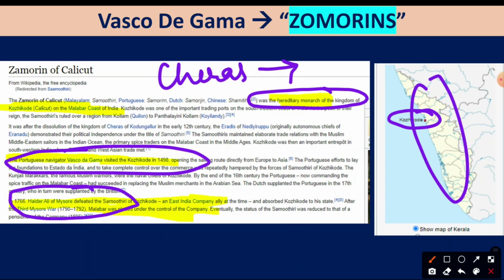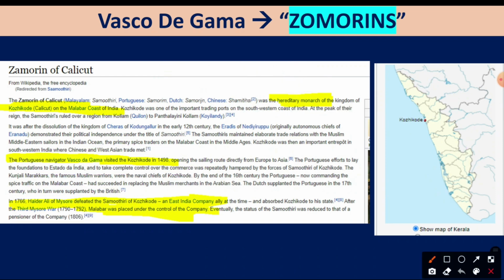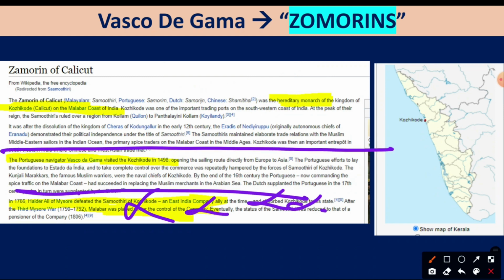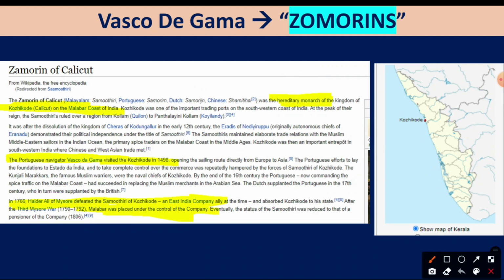Later on, Hyder Ali got Kozhikode, and finally the British, when they beat Mysore, took the Zamorins back from Kozhikode, from Mysore, and then these monarchs became pensioners of the company. That's it. If you don't get the last part, if you have not read about Hyder Ali and all, don't worry. Let's go ahead. Just remember it till here only.